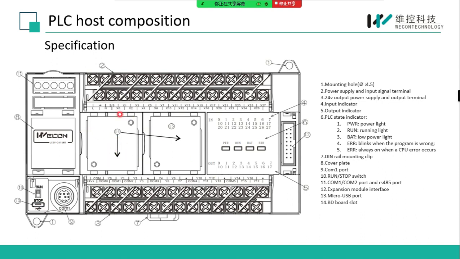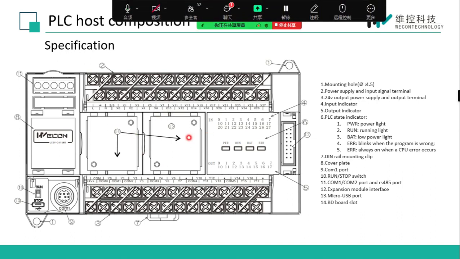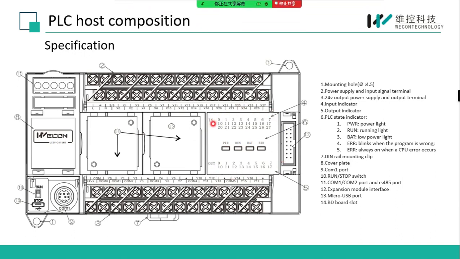Here is a 2 BD board slot. Here is number 1, DB1, and this is DB2. Here you can see the state for the input and output for each terminal, and the PLC state: the power LED, run LED, and the BAT LED shows the state of the battery.